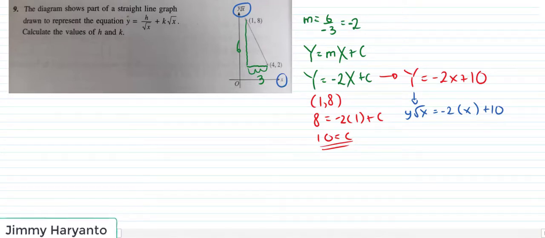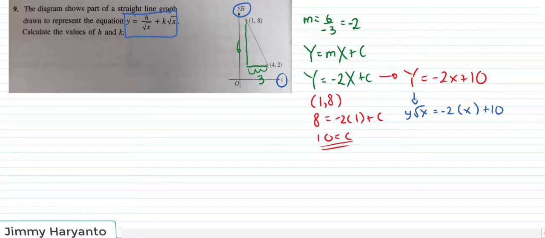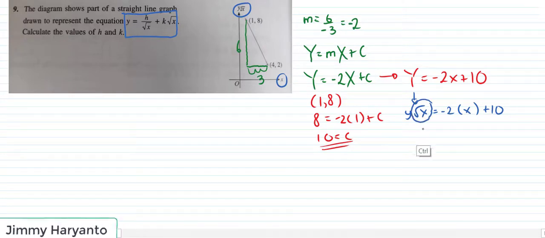The question wants us to find h and k, but we have to make the equation similar to this. The equation wants us to make it into y equals, so we have to follow the instruction. So I have to remove this root x. What do we do?